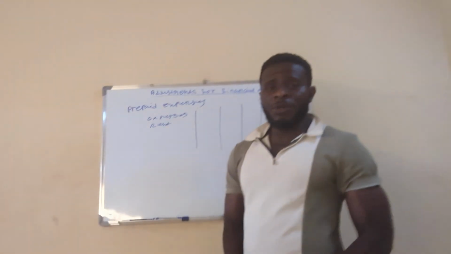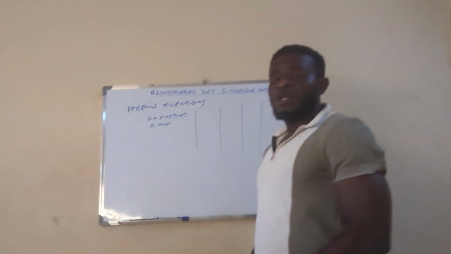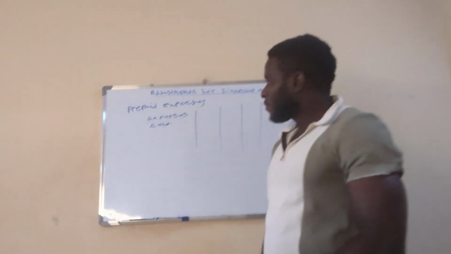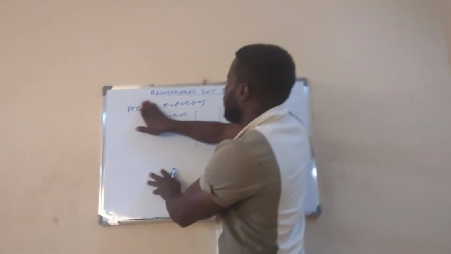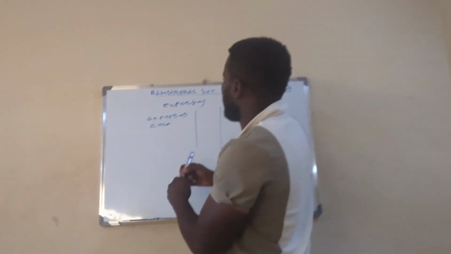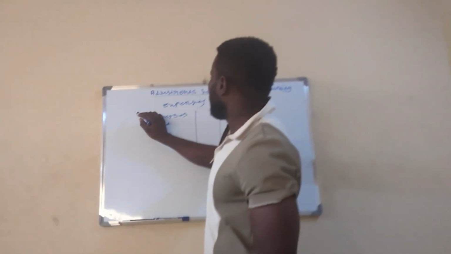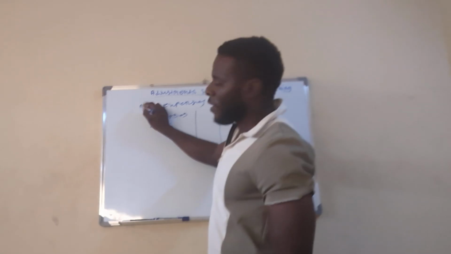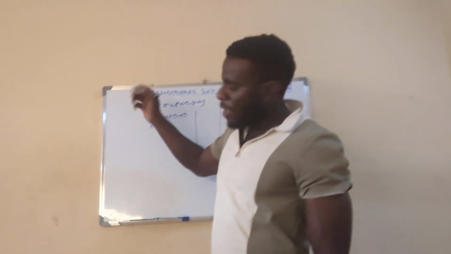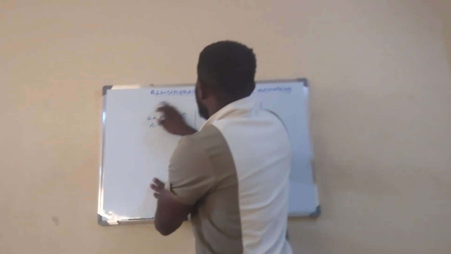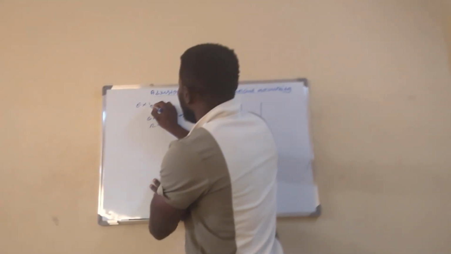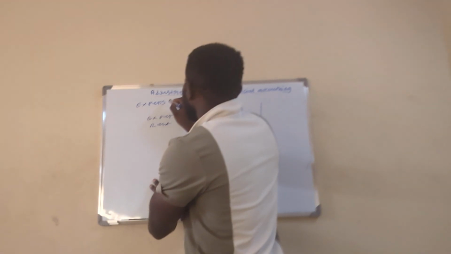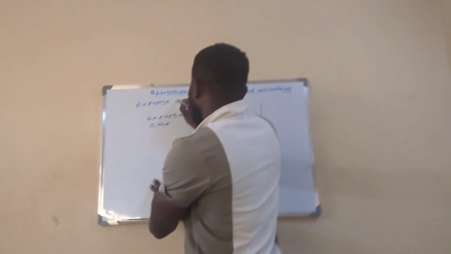In that accounting period, the amount that you are supposed to pay for rent, instead of prepaid, I'll say expense owing, or expense accrued, or expense due, whatever. Expense owing, yeah?